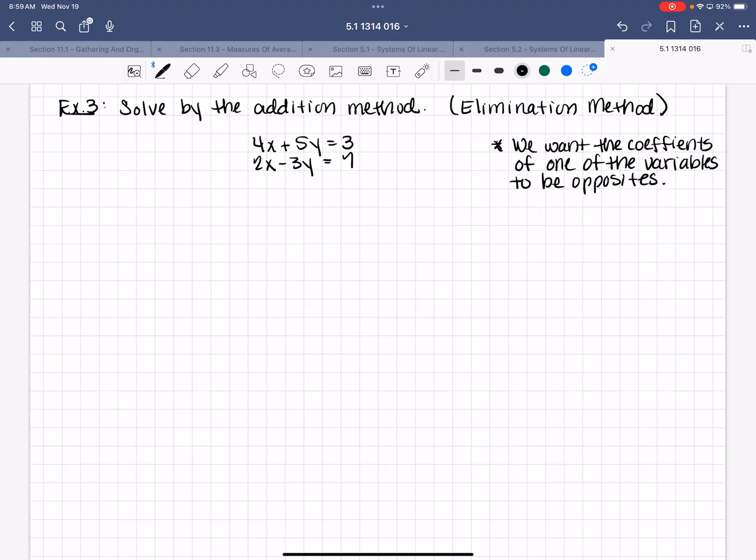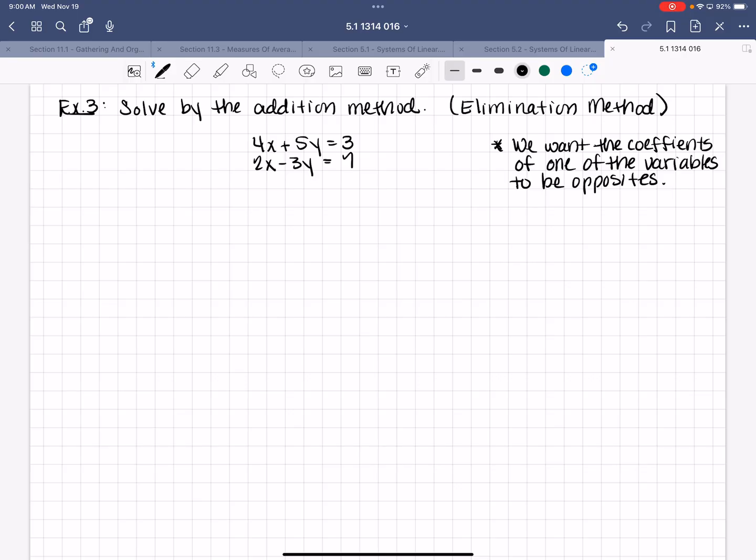So, for me, I pick that I want to eliminate those x's because 4 is a multiple of 2, right? Okay, so I just need to somehow turn that 2 on that 2x into a -4x. Well, how can I do that?